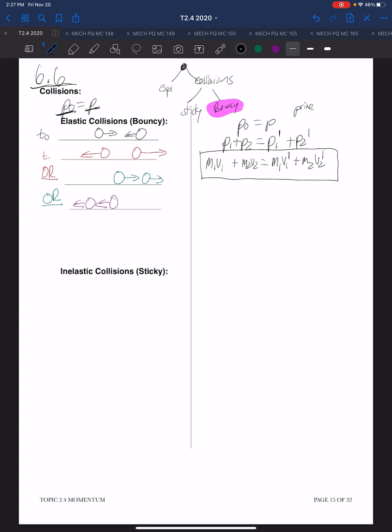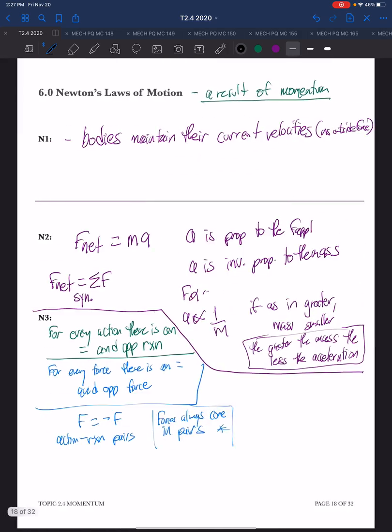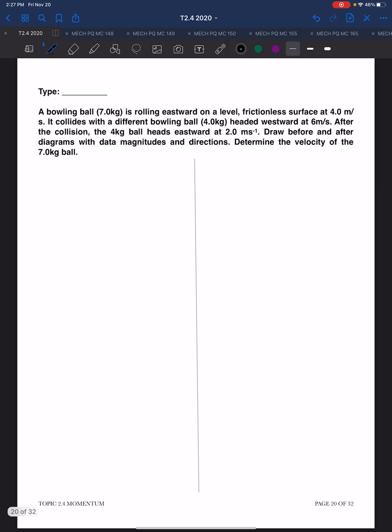Let's look at a specific example of how this might play out. We have a bouncy collision with bowling balls. We have time 0 on the left side of this line and the time afterward, so this is how we keep track and do our accounting. We have a bowling ball of 7.0 kilograms rolling eastward.